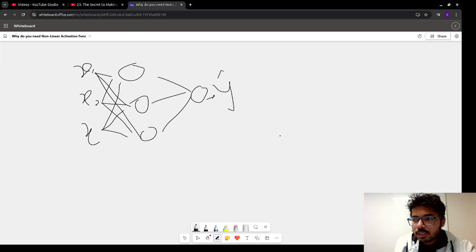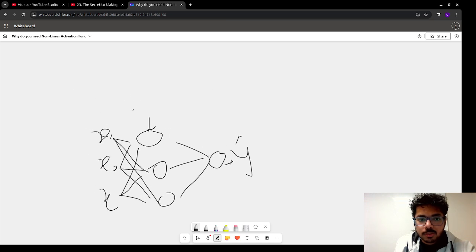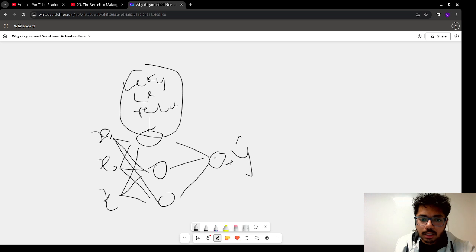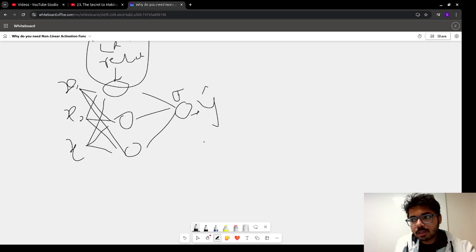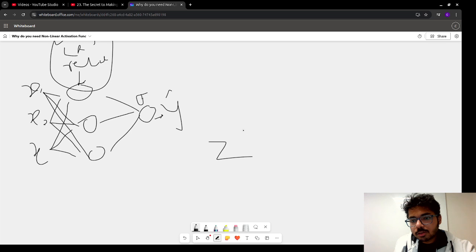It can consist of all the activation functions, like ReLU, linear, leaky ReLU, and all those which we have been through. And this will be our sigmoid function, and that's how it is going to work. So let's go through the basic math.